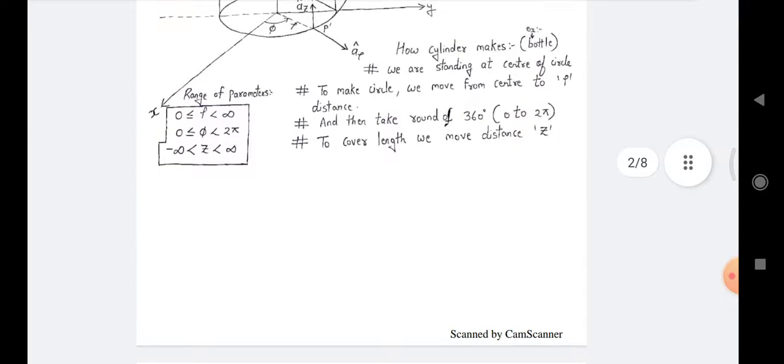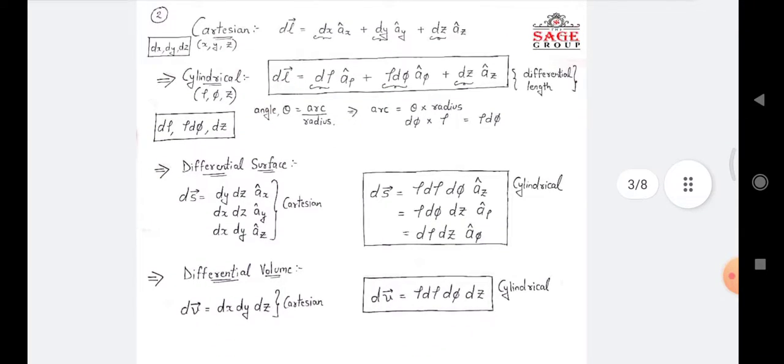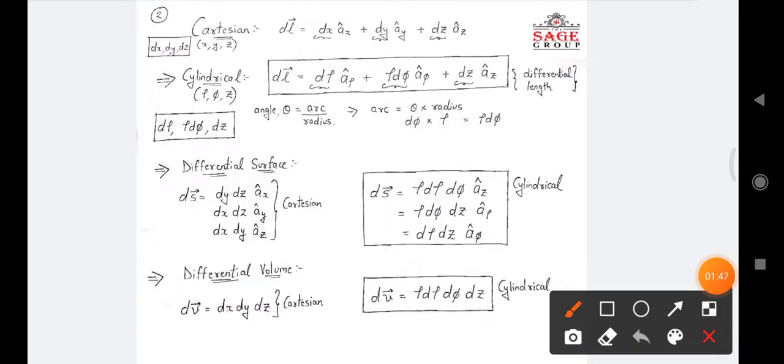Now in today's class we will discuss the differential length, differential surface and differential volume for the cylindrical coordinate system.